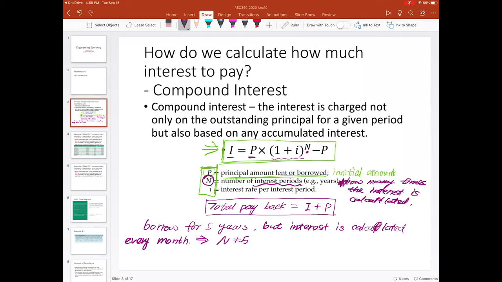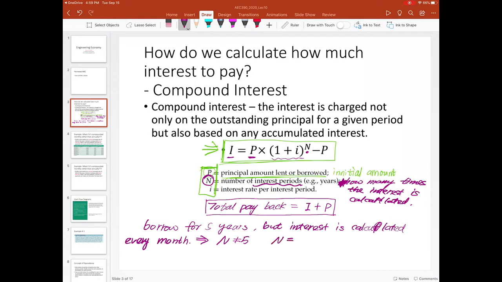Actually, this is the real definition of n. So in this case, you borrow the money for 5 years, but interest is calculated every month. So you count how many times the interest is calculated during the 5 years.